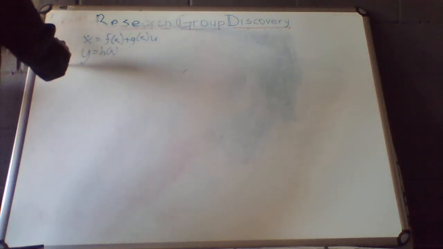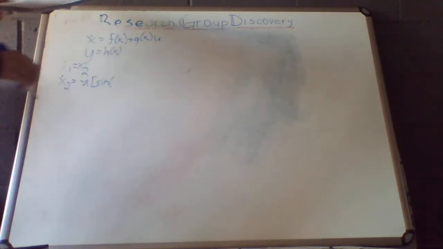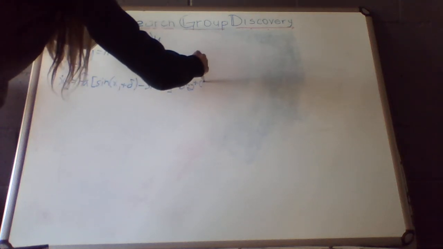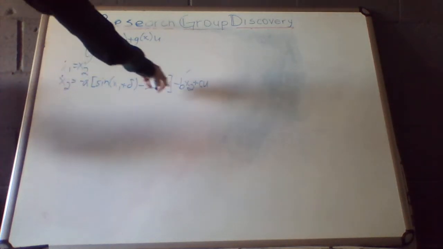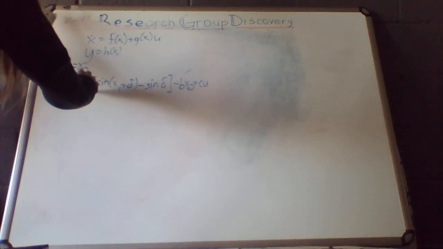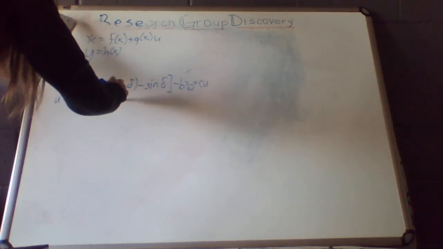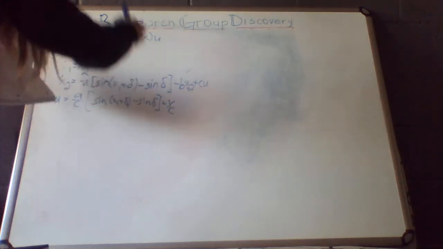So here's an example. Here we have x1 dot equals x2, and x2 dot equals negative a sine of x1 plus delta minus sine of delta, minus b x2 plus c u. For this system, if I choose u as whatever could cancel all this out and leave me some linear stuff, I could say u is equal to a over c times sine of x1 plus delta minus sine of delta, plus v over c.